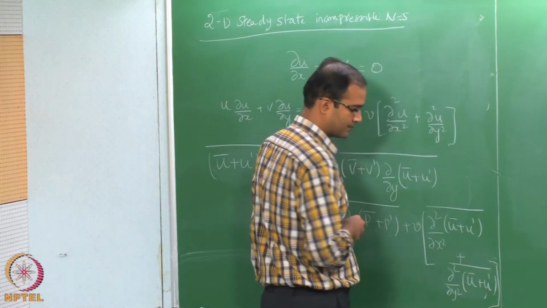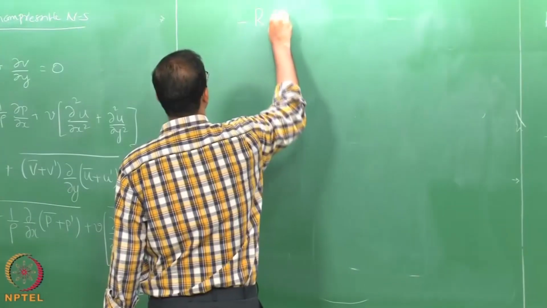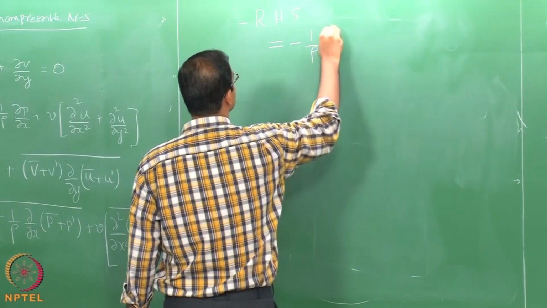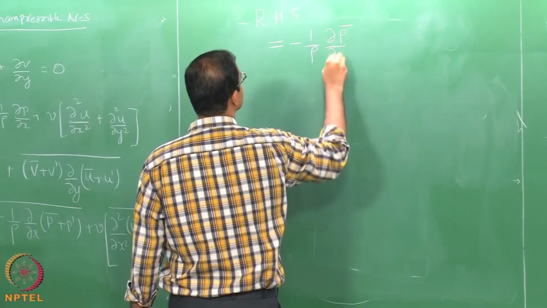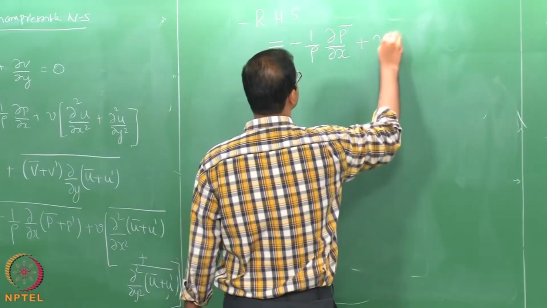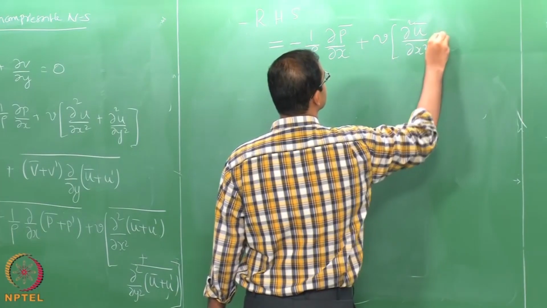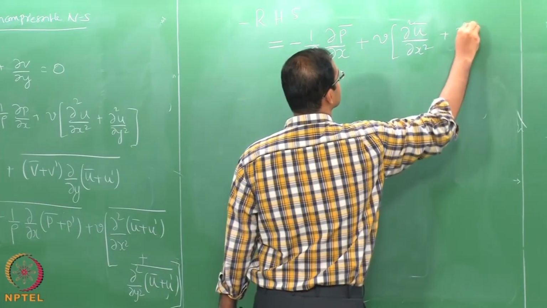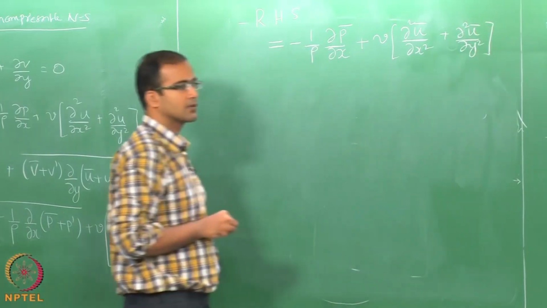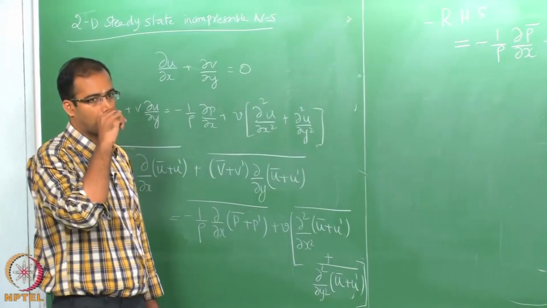Similarly here. Therefore, on the right hand side, it is straightforward. After averaging the equation, you have dp bar by dx plus d square u bar by dx square plus d square u bar by dy square. So, the instantaneous quantities are now replaced only by the mean quantities.